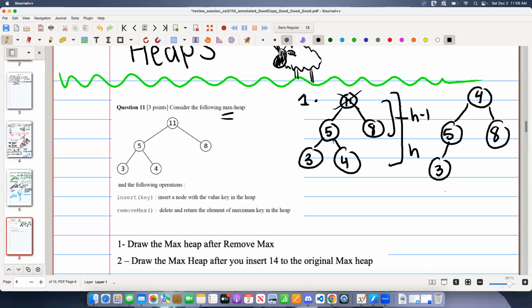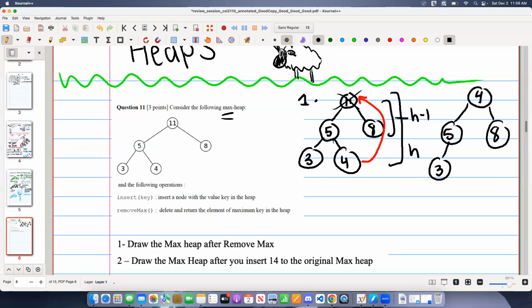This part is probably the most important; the rest is relatively simple. I'll draw an arrow so you know the movement: we remove 11 and insert 4 back into the root. Then we see this is not a max heap anymore, because 4 is not the largest number. So now we have to upheap until we have an actual max heap.